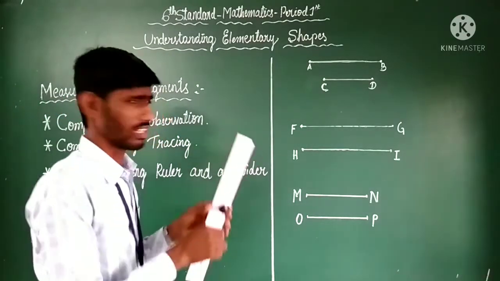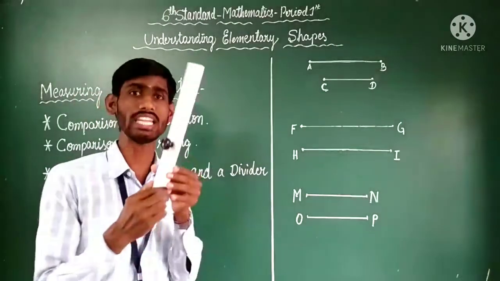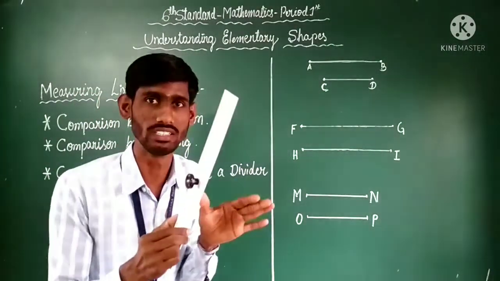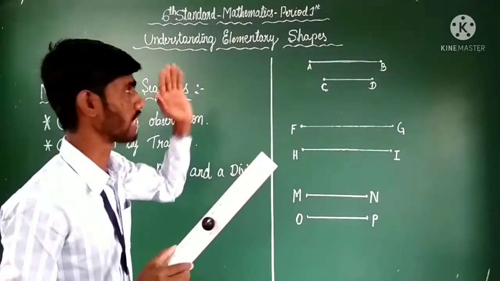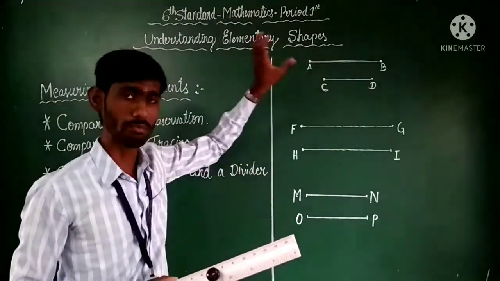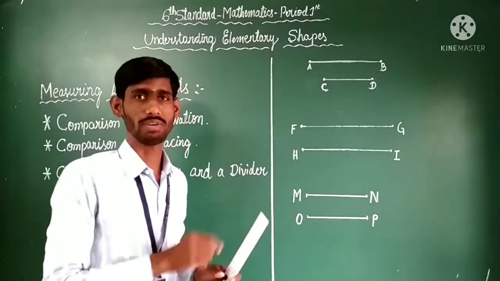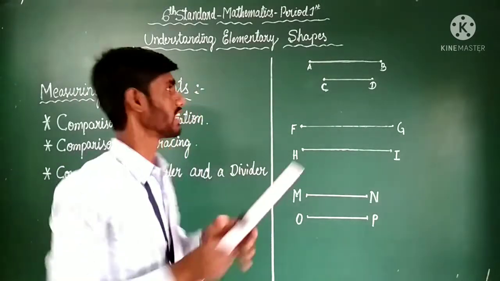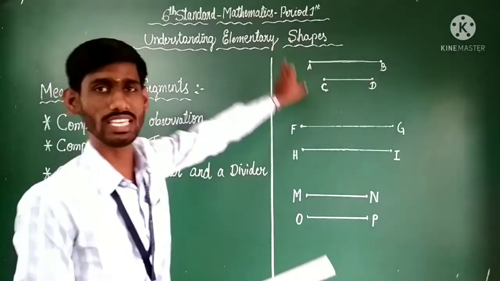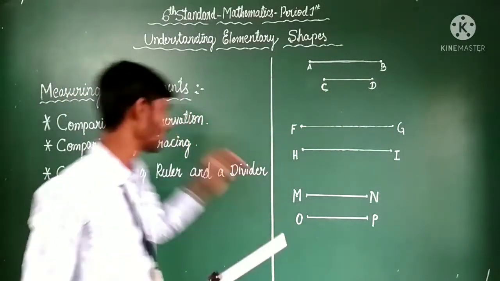Not expecting any instruments. By the help of our naked eye, just observation, we are able to mention the bigger line segment and the smaller line segment. This is the first method.